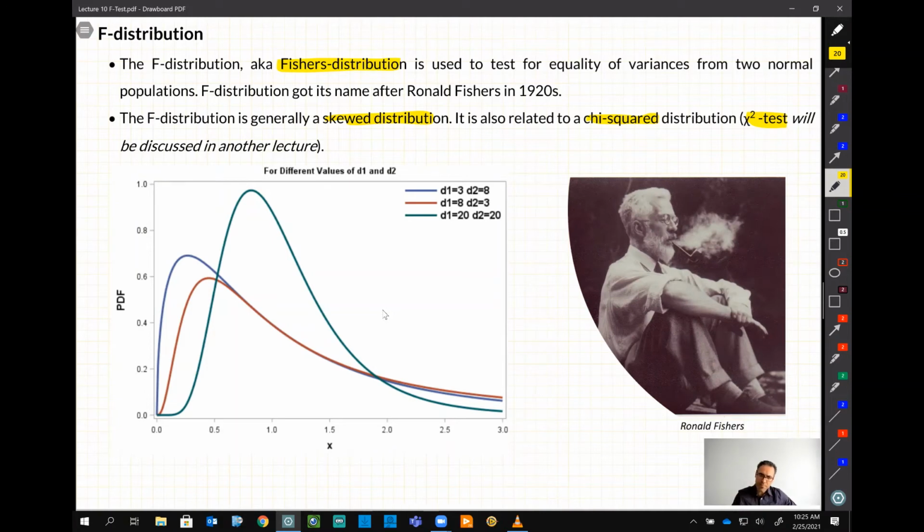And it has, again, a skewed shape with this long right tail. The parameters involve D1 and D2, two degrees of freedom. So it has 2 parameters. The T distribution had 1 degree of freedom, like 1 parameter. It has DF1 or D1 and D2. And X is, of course, our variable, and then the PDF that we see here.